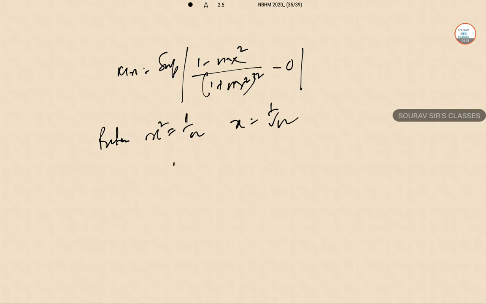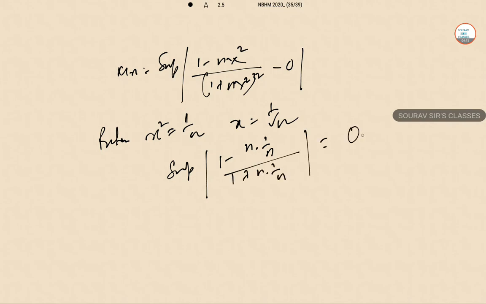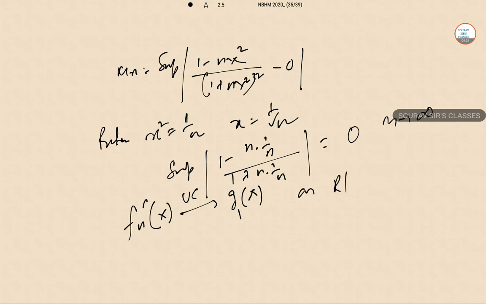So we have already discussed this. The supremum will become (1 - n·(1/n))/(1 + n·(1/n))², which is 0/2, so 0 as n tends to infinity. So f_n'(x) is uniformly convergent to g(x), and then it is uniformly convergent on [1, b] also if b is greater than 1.